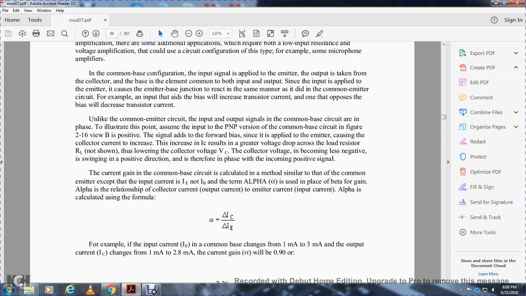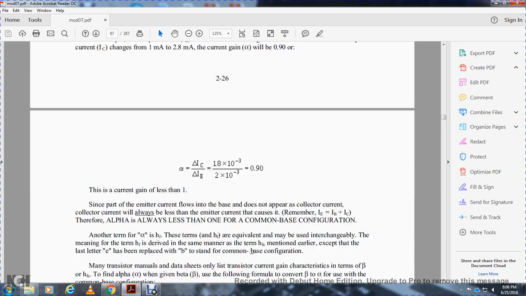Alpha is equal to the change in collector current over the change in emitter current. For example, if the input current of the common base changes by 3 milliamps, the output current changes from 1 milliamp to 2.8 milliamps, and the current gain is 0.9.